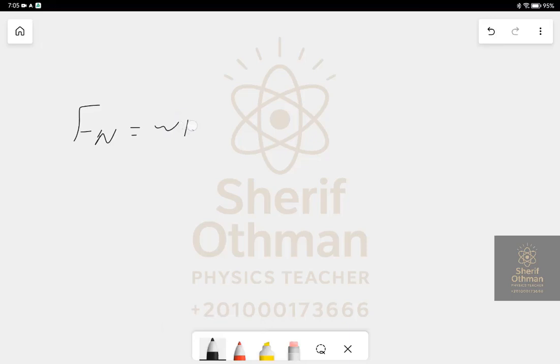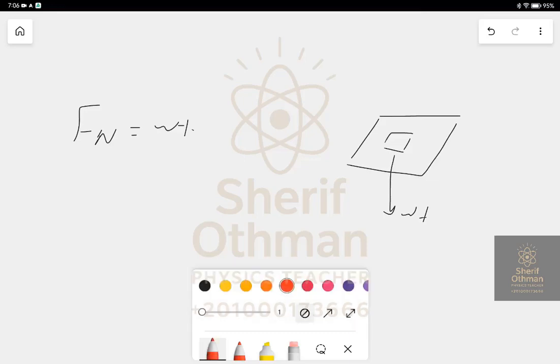How come? Let me ask you a question, guys. If we have a table, and above this table there's a book. This book has a weight downward. But according to Newton's first law, this book is stationary. So there's another force in the opposite direction, and this force cancels the weight of the object.